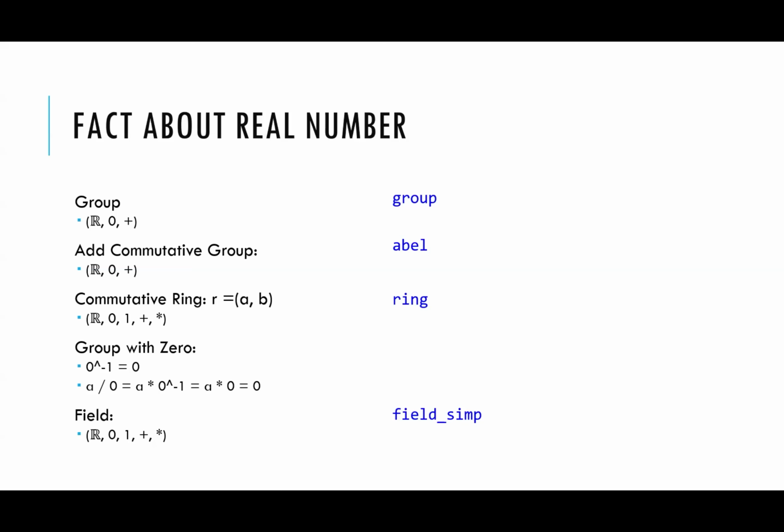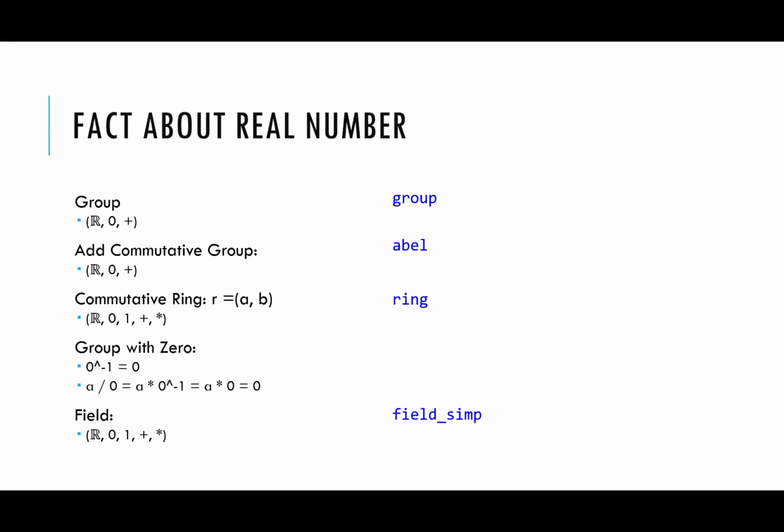What I marked on the right-hand side is the tactics you can use in each structure, because the real number field is a very large field. It contains all the ideal properties we want in most cases. So all these tactics will work.